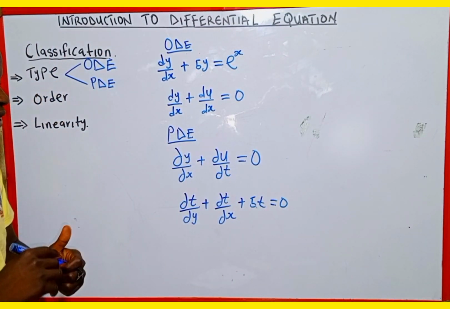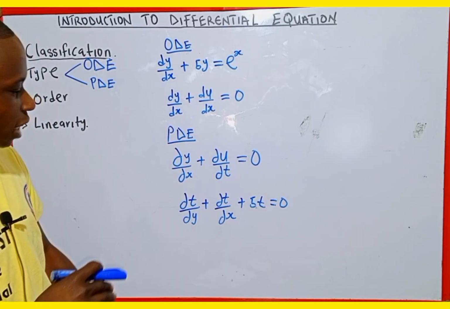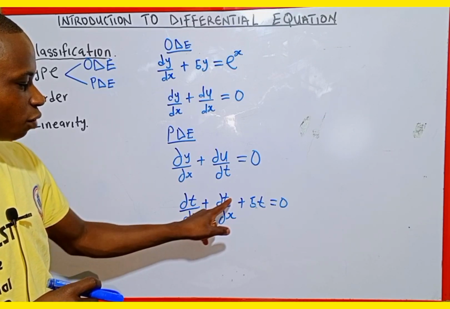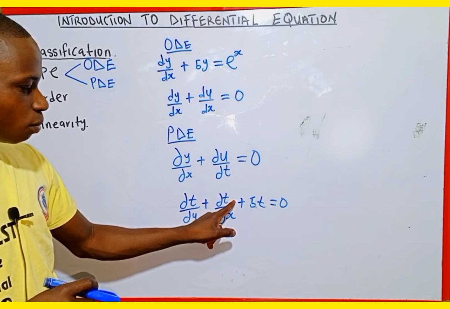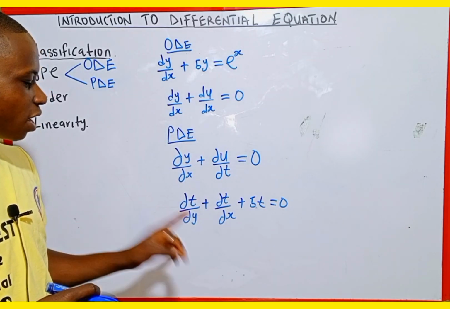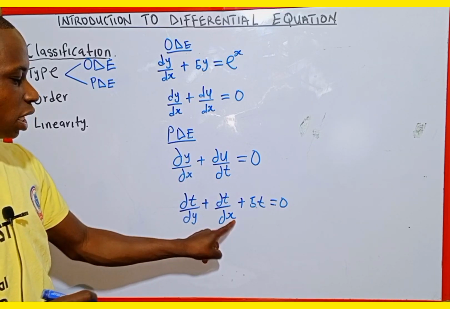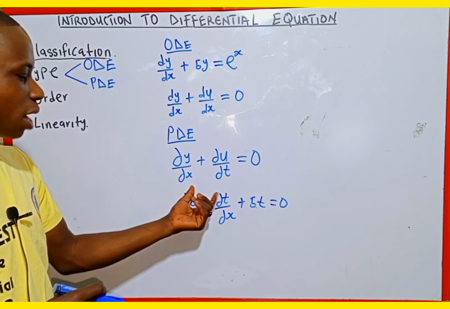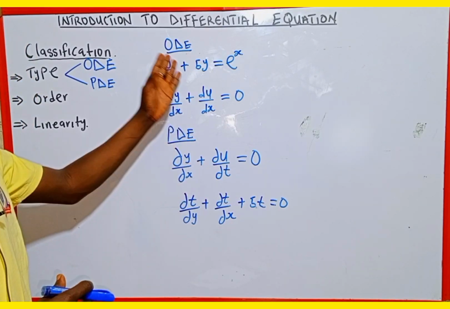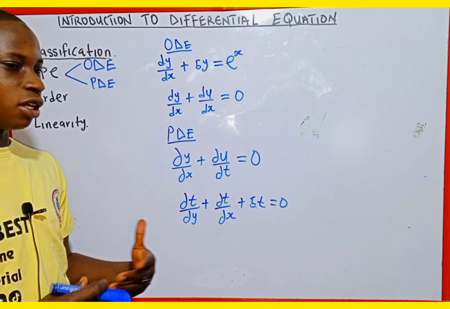This is another interesting example of a partial differential equation, because the dependent variable here is t, and a dependent variable is one or more, but the independent variables must be two or more. In this case, we have two independent variables and one dependent variable. So this is the difference between an ordinary differential equation and a partial differential equation.